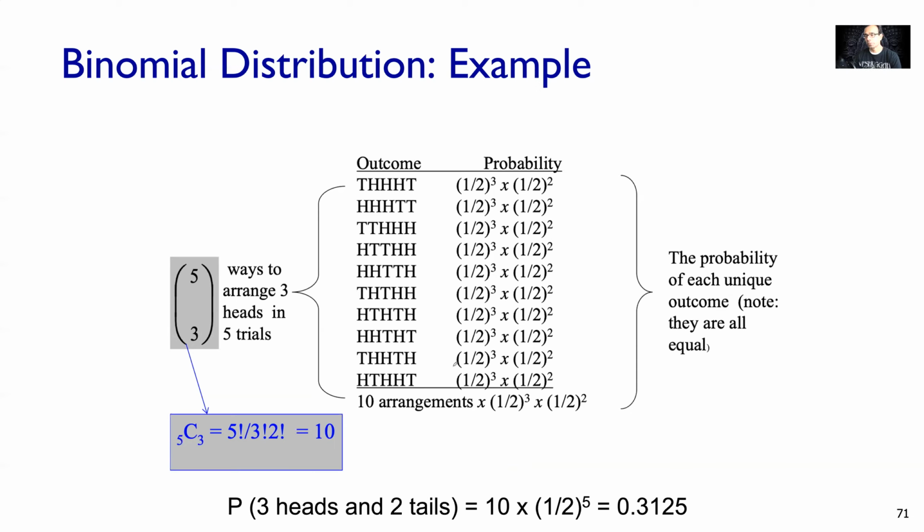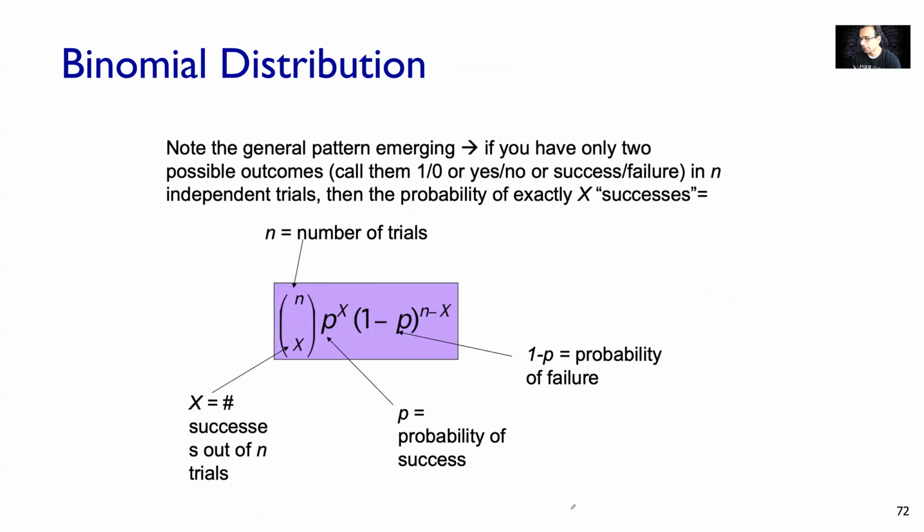So there are 10 possible arrangements. And so the probability that we get 3 heads and 2 tails would be 10 times, or essentially 5C3 times half raised to 5. In a more general setting, this is what you would get.